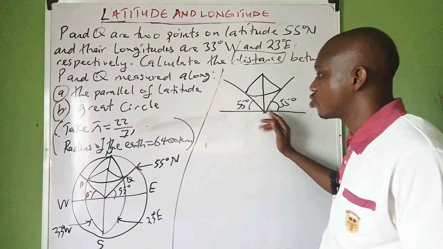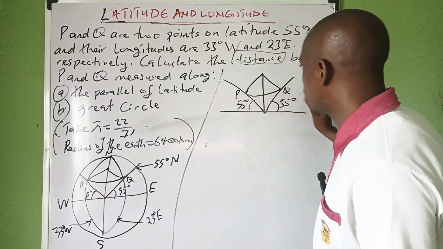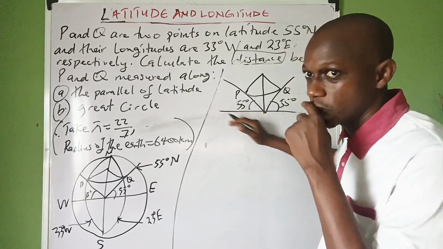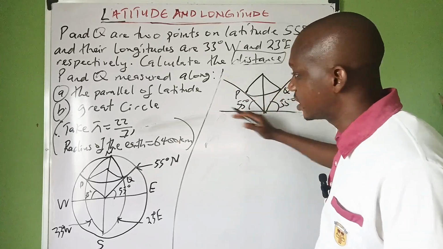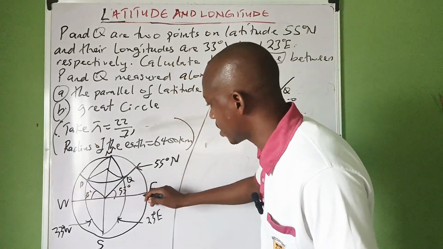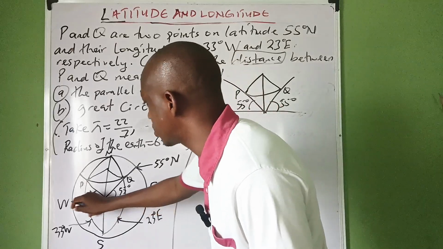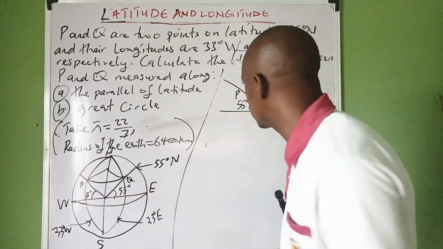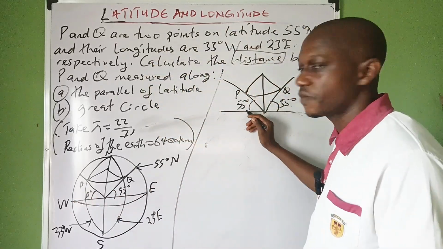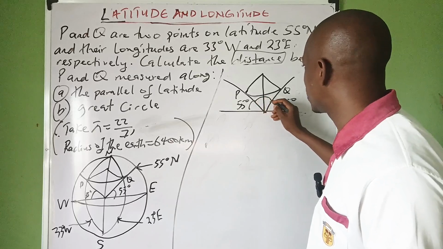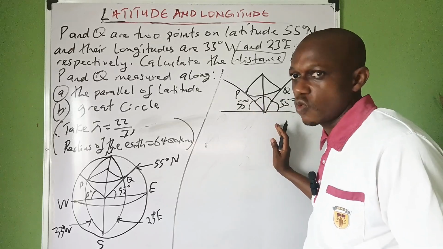We needed to find PQ along the great circle, and this is our great circle. This is the small circle. Along this side is the great circle, and we need to find that distance. We know 55 and 55, and angles on a straight line are 180.